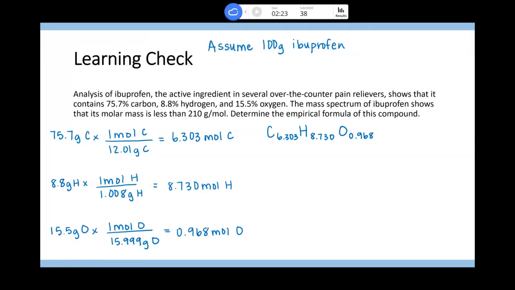Here's another clue that we shouldn't round this number. This is the lowest number of the three. And if we rounded this to 1 and divided by the lowest number, we have some funky decimals there. So we keep it as 0.968, divide each of these by 0.968 because that's the lowest number.